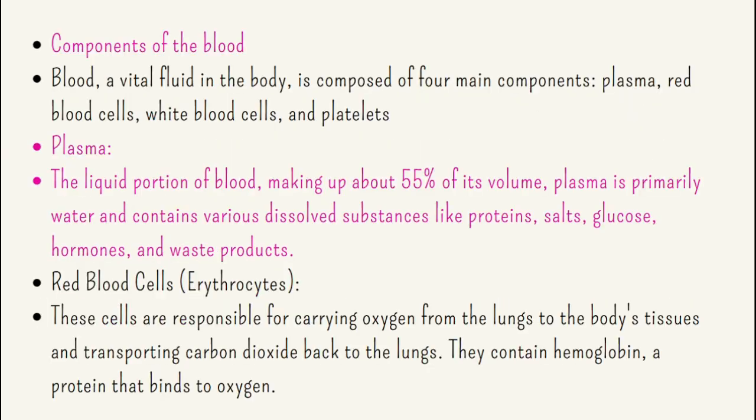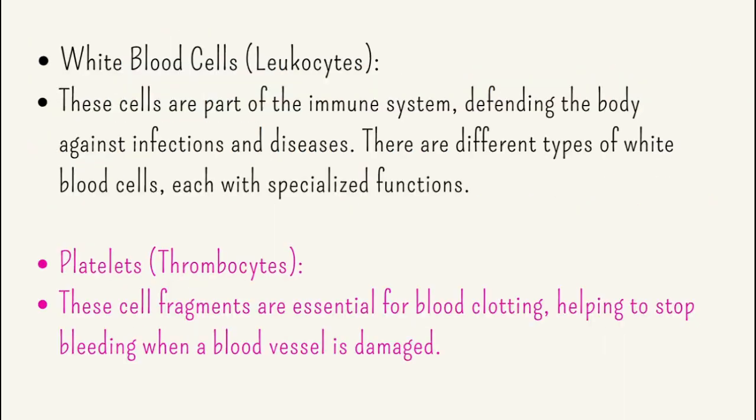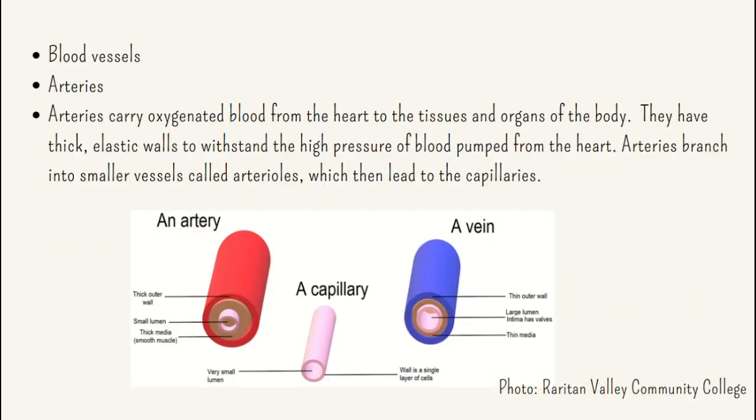You just need to know the function and know that these are the components of the blood. You might see it on the MCQ, or you might even see it on the paper in a free response. So infection, white blood cells, and then blood clotting, platelets, right? The leukocytes thing, you don't have to really worry about that, but leukocytes is another name for white blood cells, and thrombocytes is another name for platelets. So it's the same thing.